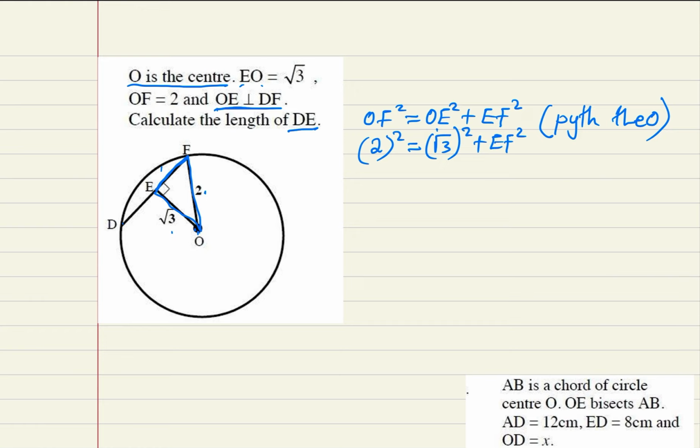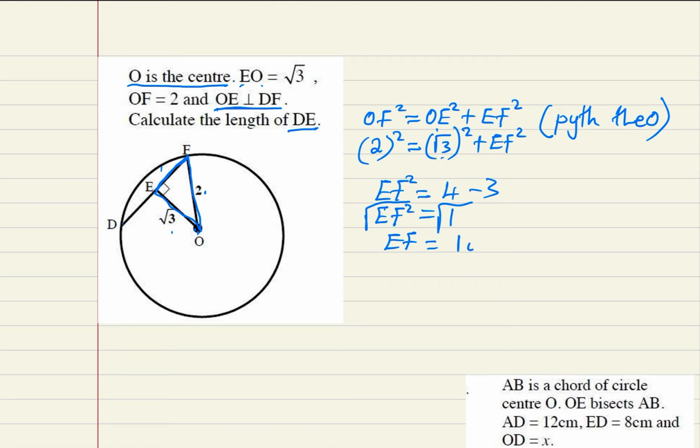Then I take this one to the other side. I will have EF squared equal to 4 minus 3. Then we know that this will be equal to 1. This is EF squared, right? Then I put a root. Then EF will be equal to the root of 1, which is 1.